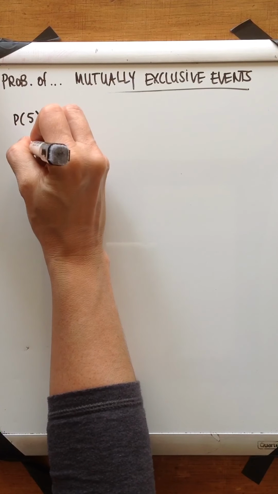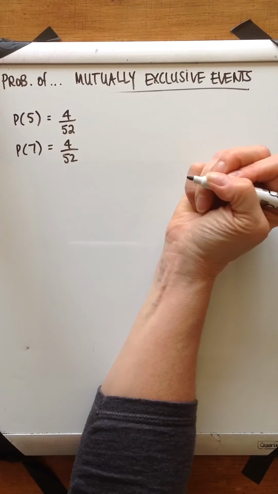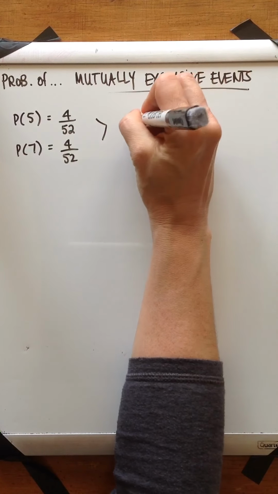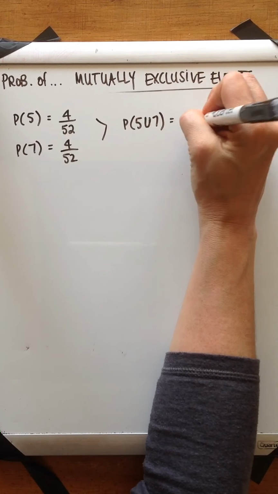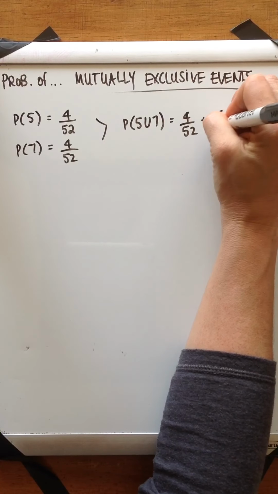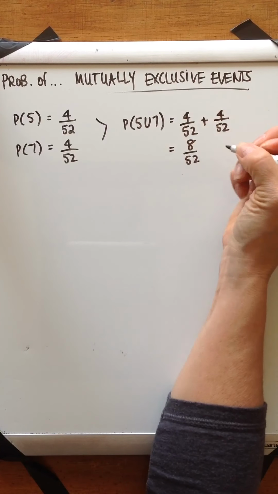What's your probability of getting a 7? Well, similarly, there are also 4 7s in that deck as well. So if you want to know the probability of getting a 5 or a 7, you can add those two things together because you can't draw a 5 and a 7 at the same time. We would get 8 fifty-seconds.